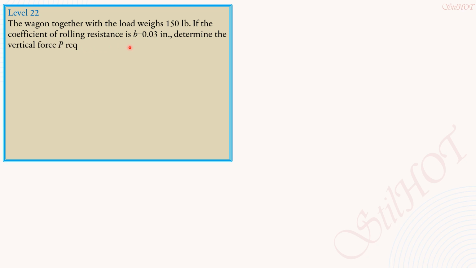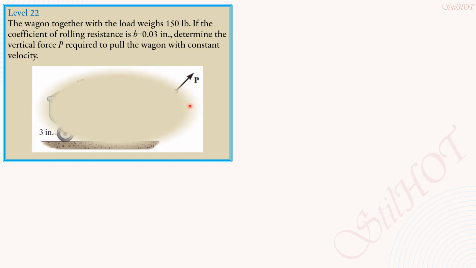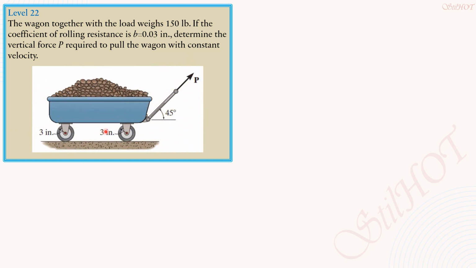Level 22: The wagon together with the load weighs 150 pounds. If the coefficient of rolling resistance is b equals 0.03 inch, determine the vertical force P required to pull the wagon with constant velocity. Here is the given figure. The coefficient of rolling resistance is 0.03 compared to the radius of 3 inches.